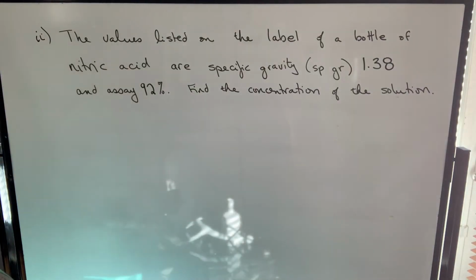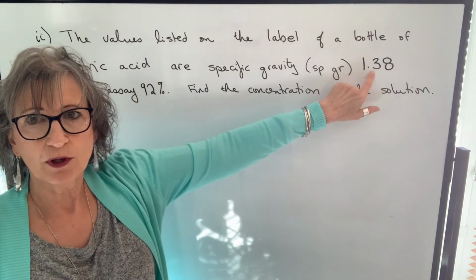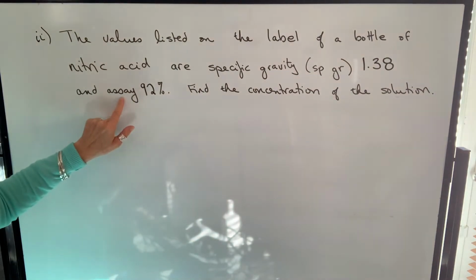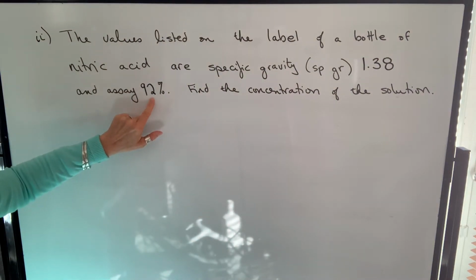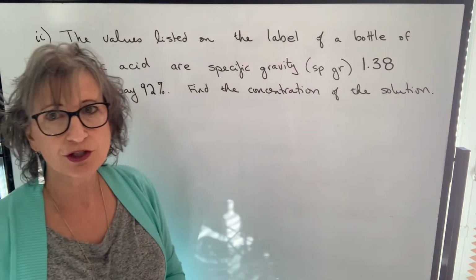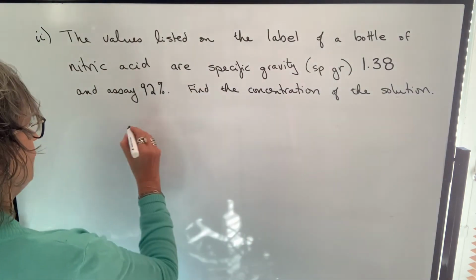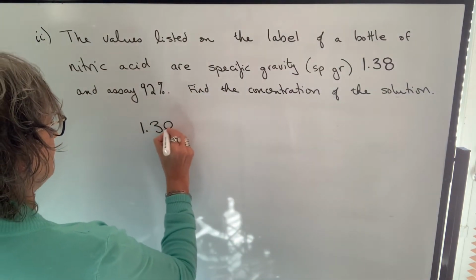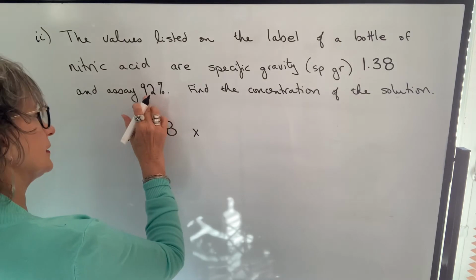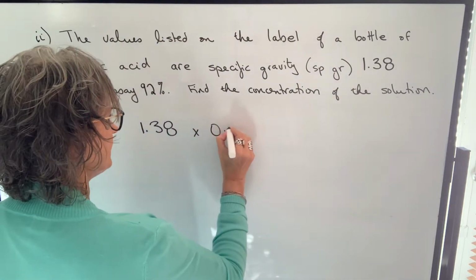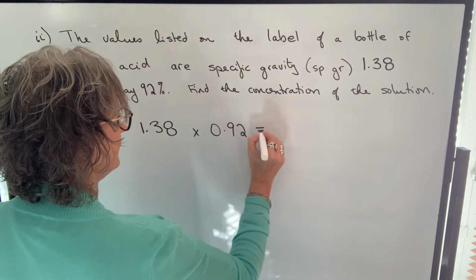In the next example, we have a specific gravity of 1.38, an assay or percent purity of 92%. So in order to find the concentration, we start with the specific gravity, 1.38, and we multiply that by 92%. 92% as a decimal is 0.92.